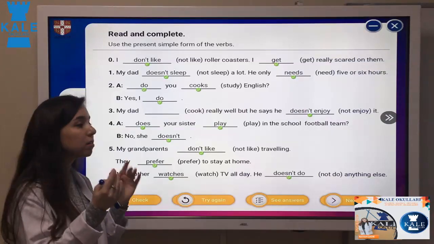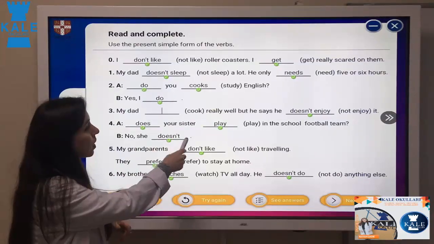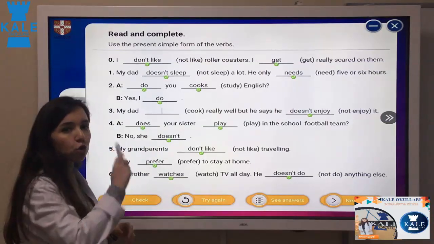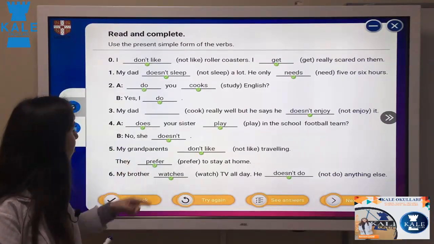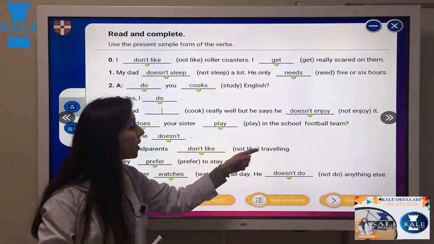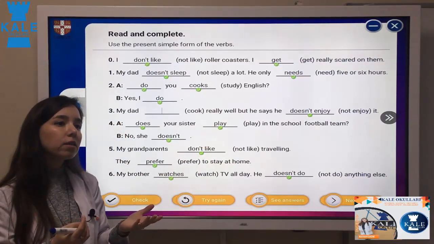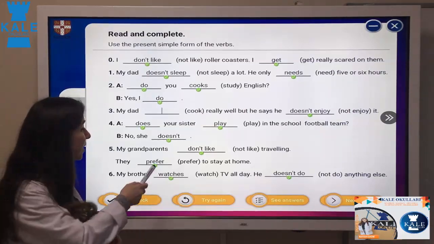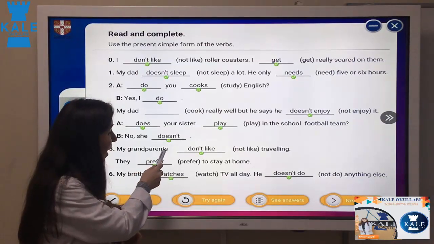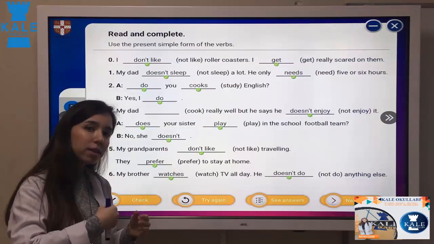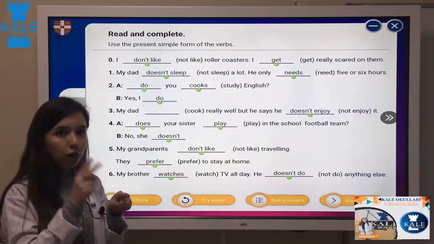What is the long answer form? You can say no, she doesn't play in the school. There is no need, we just need the short form of the answer. Or my grandparents don't like traveling. Maybe now you are going to say grandparent is he or she. But here, if you pay attention, grandparents, we have S here, meaning my grandmother and my grandfather together, two people.